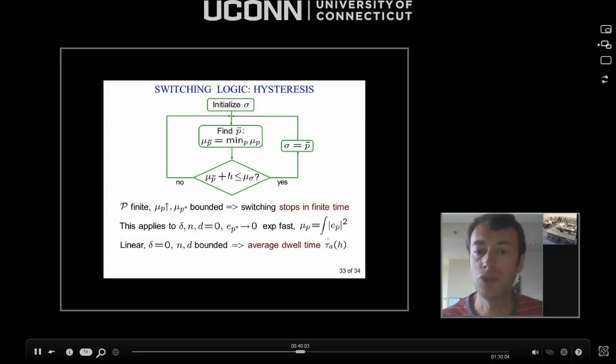But when we go to continuum uncertainty sets in the plant, we can still work with finitely many candidate controllers, so the two would be different. In that case, this factor in the gain would actually be the cardinality of the controller family, like you say. So this will be finite. But you need to modify the switching logic to adapt to a continuum in the uncertainty set. Does it make sense?